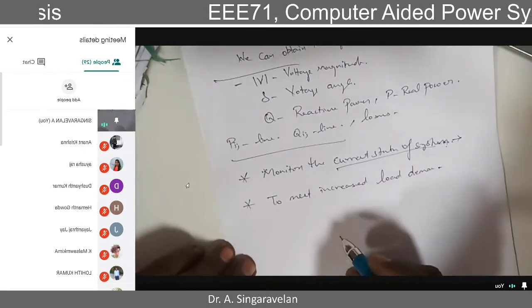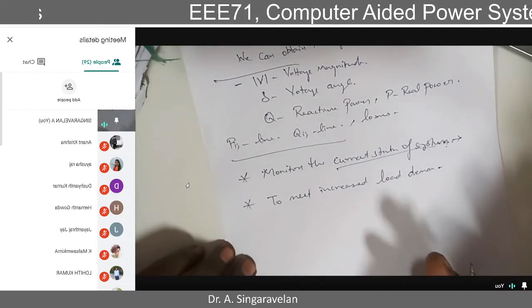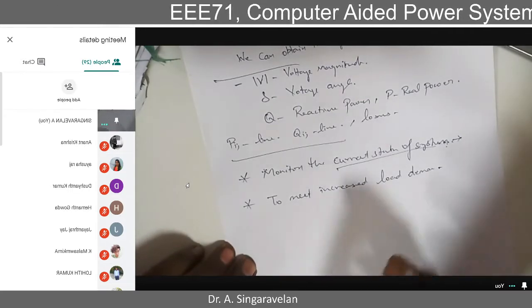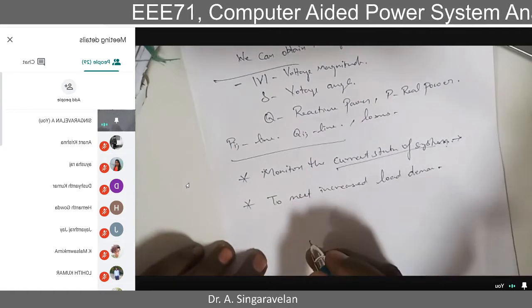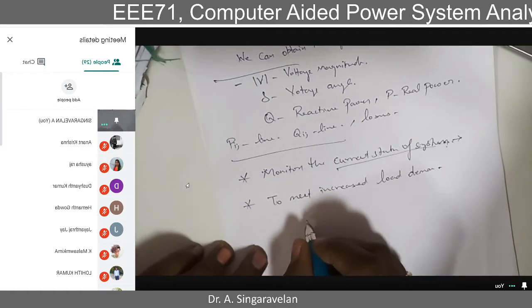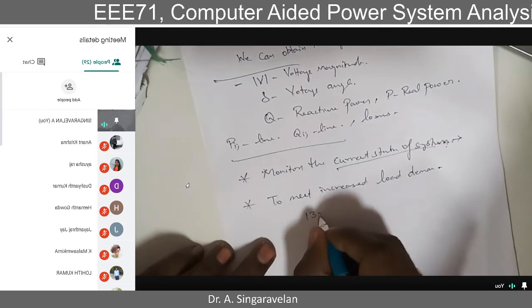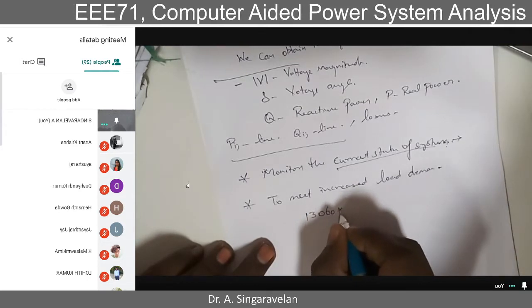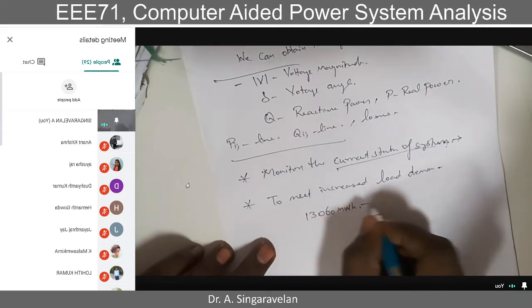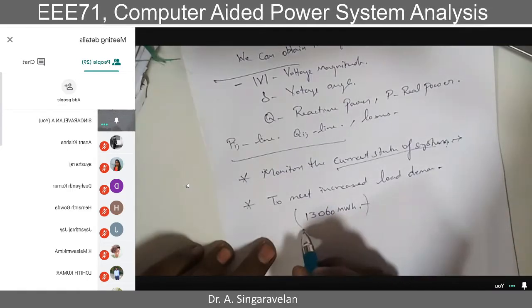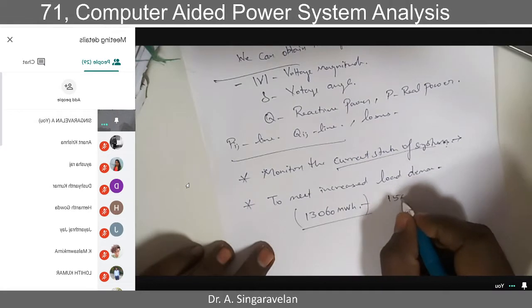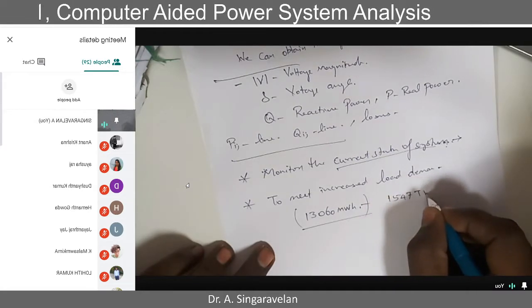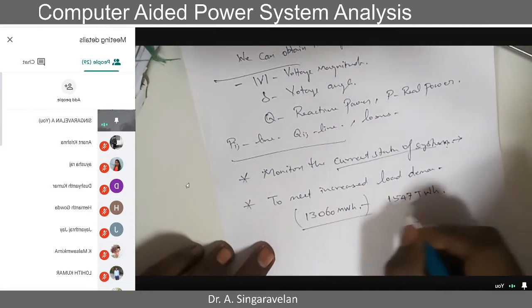For example, the first installed capacity in India, during the British period, was just 1,360 megawatts. This was the first generation capacity in India, but now it is 1547 terawatt hours.